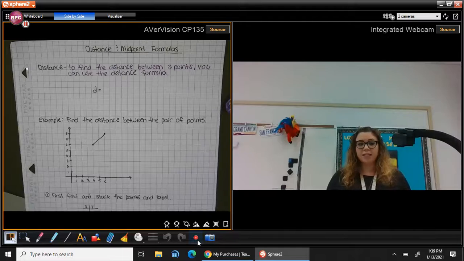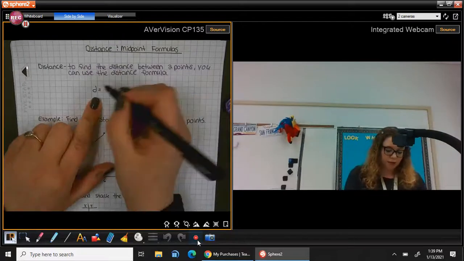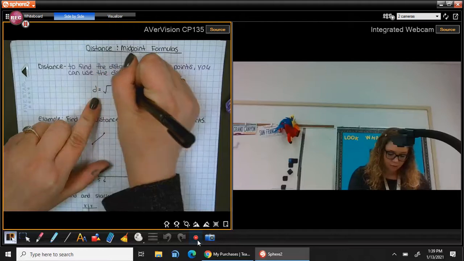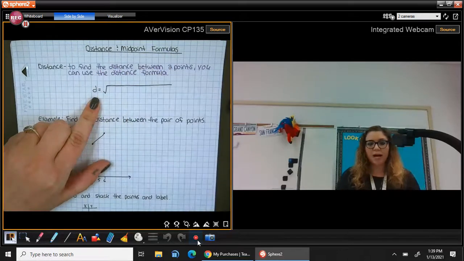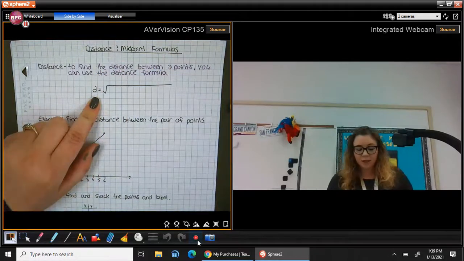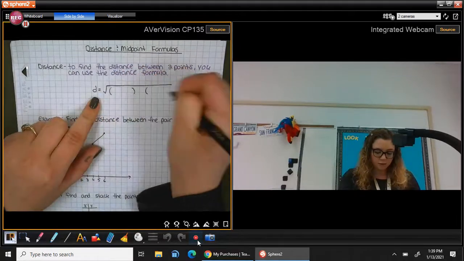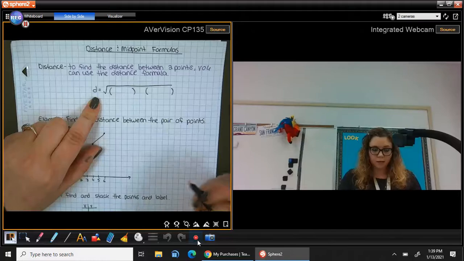To find the distance between 2 points, you can use the distance formula, and it's d equals a big square root sign. The way I like to remember the distance formula is I like to create two eyes.